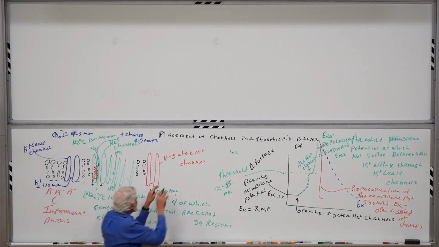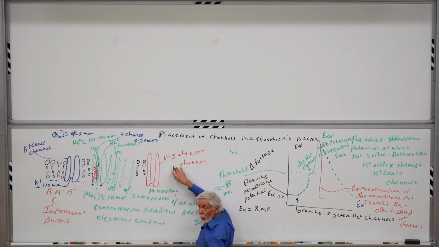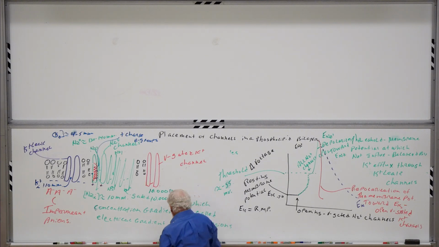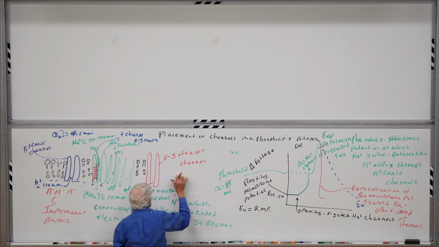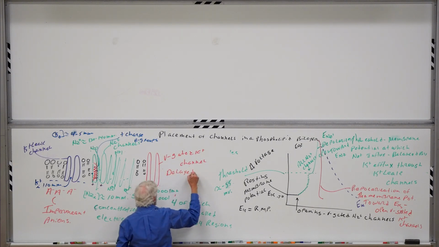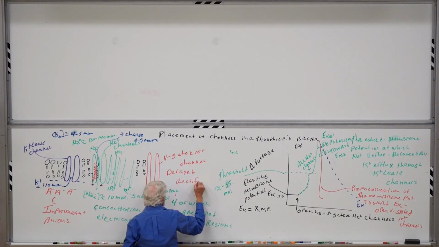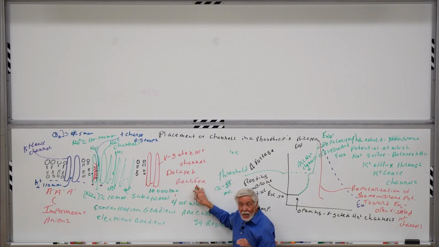So in red here we have the voltage-gated potassium channel. These voltage-gated potassium channels have another name, and I really like this name because it describes what they do. They're called the delayed rectifier. Now, if you take another physiology course, you're going to find that there are a whole gang of different potassium channels.